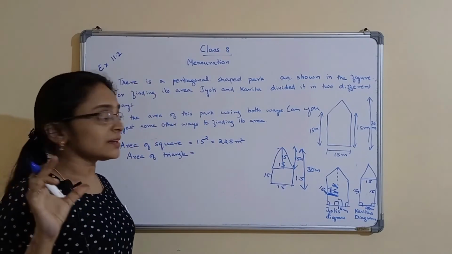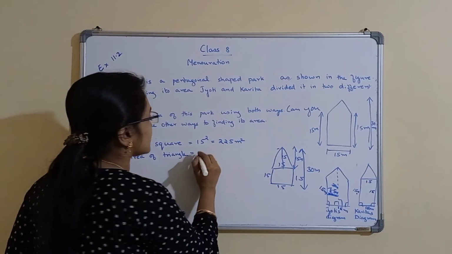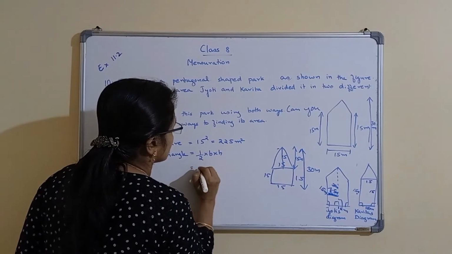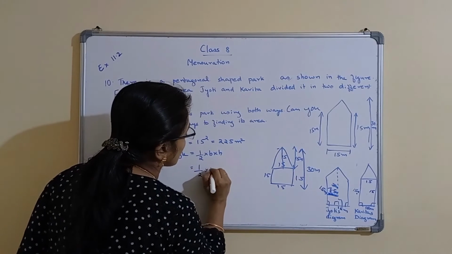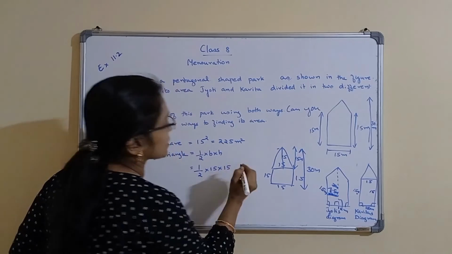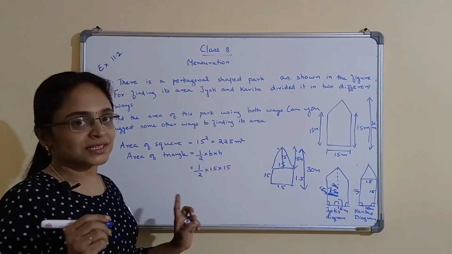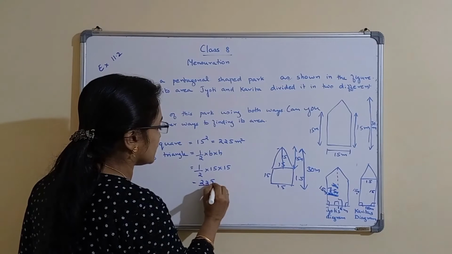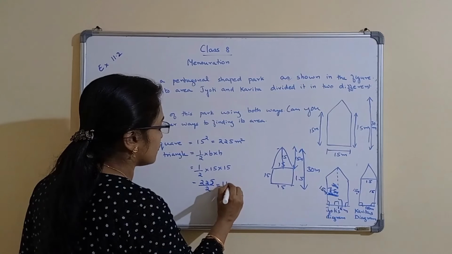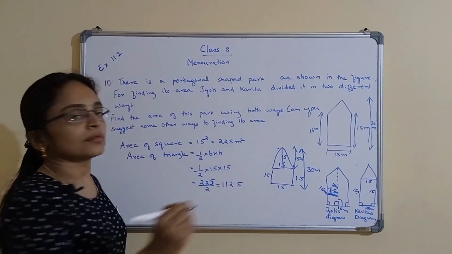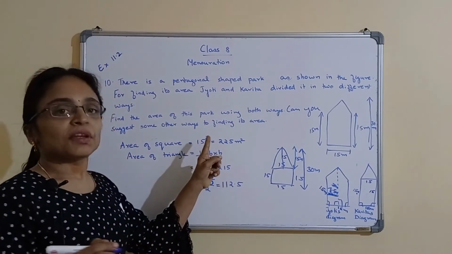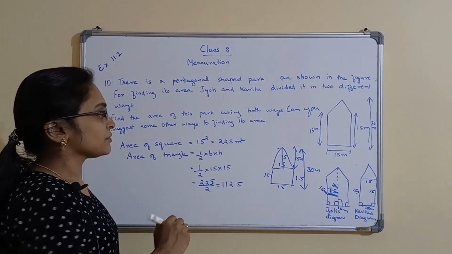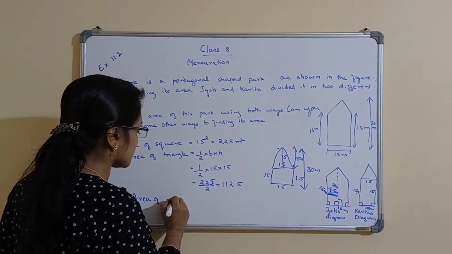And what is the area of a triangle? Area of a triangle is half base into height, which is equal to half into 15 into 15. 15 into 15 is 225 and 225 divided by 2 is 112.5, right?